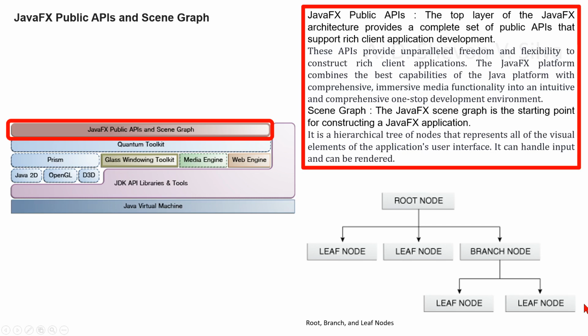The individual items held within the JavaFX scene graph are known as nodes. Each node is classified as either a branch node, meaning that it can have children, or a leaf node, meaning that it cannot have children.